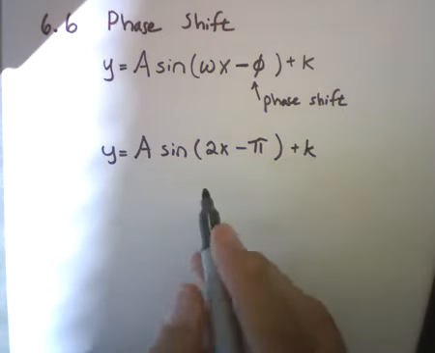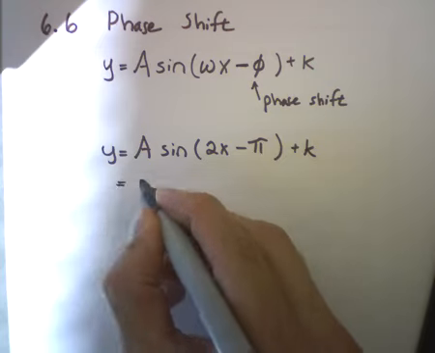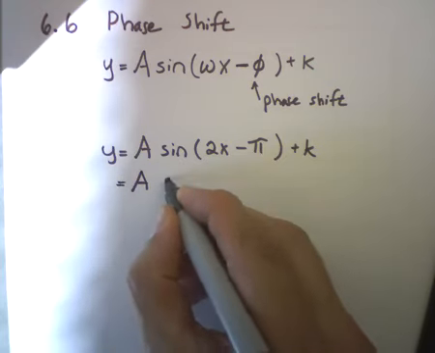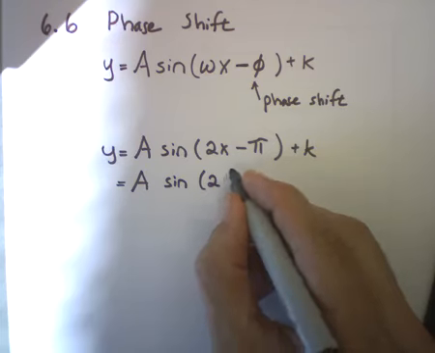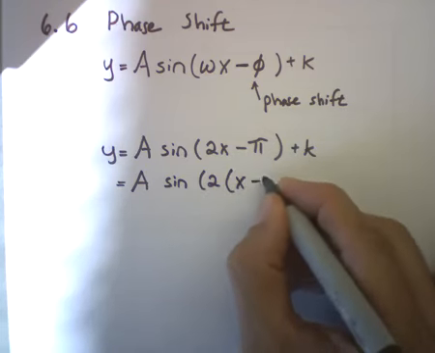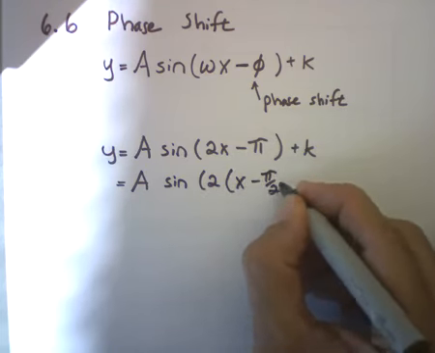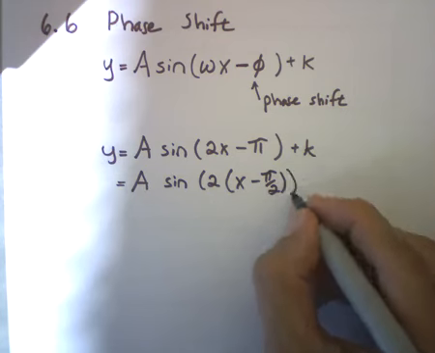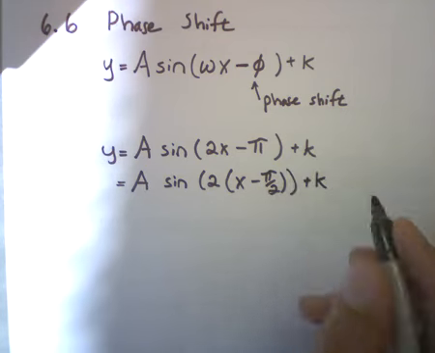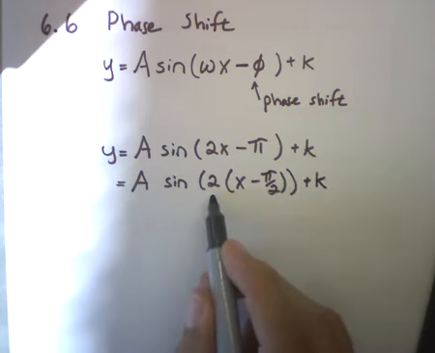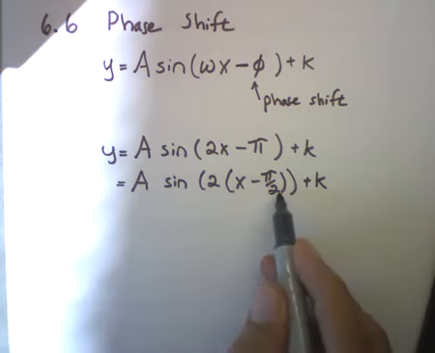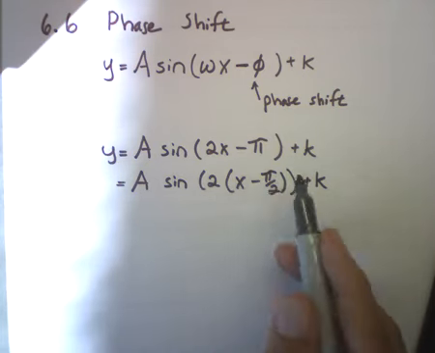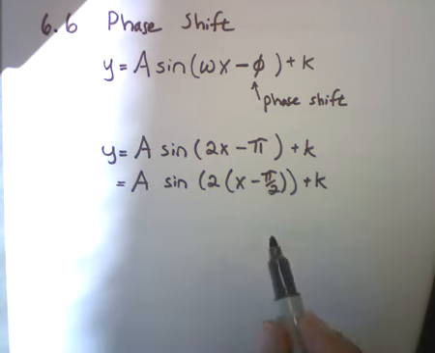So this is a function, and the exact same function could be written like this, sort of in a factored form. Notice if you distribute the 2, you get 2 times x is 2x, and 2 times negative pi over 2 still makes negative pi. So these are the same function.